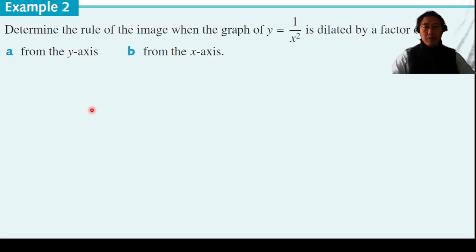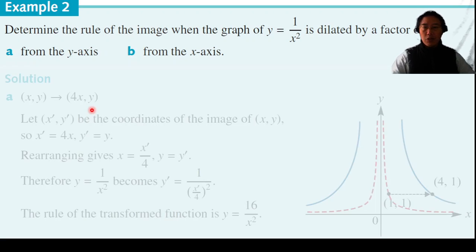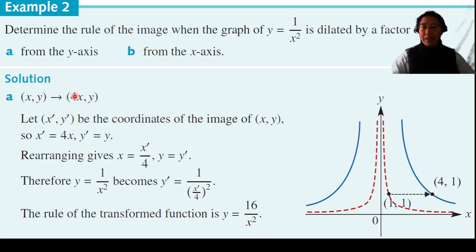So being vertical, you will multiply your x by 4 to become 4x. You use your mapping relations, make x the subject, and substitute your x and y into the rule, and you'll have to manipulate that to simplify to this one.